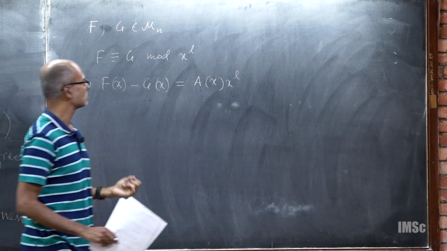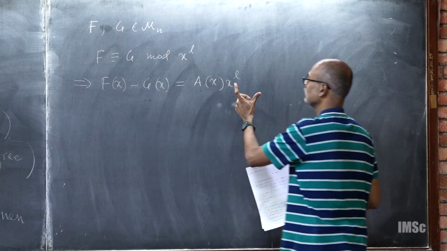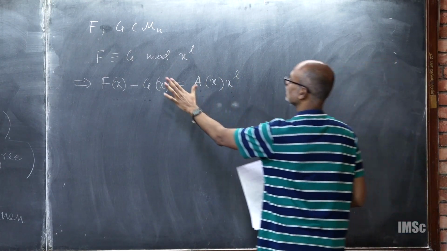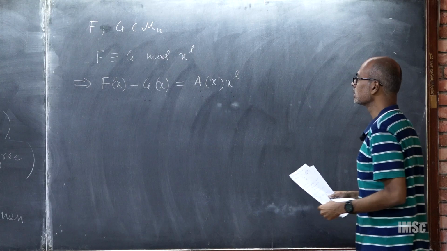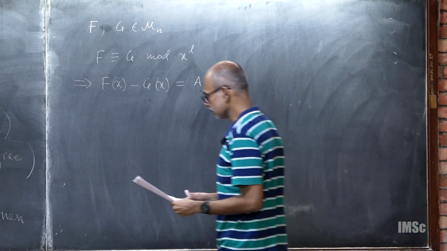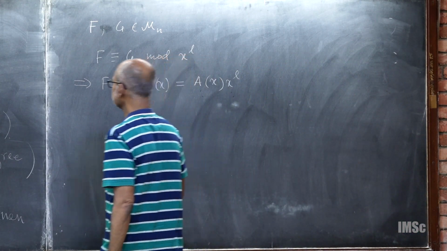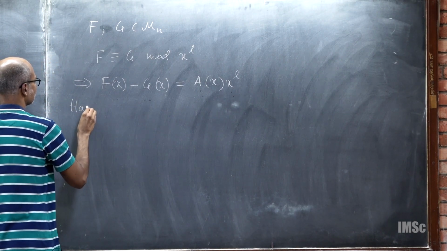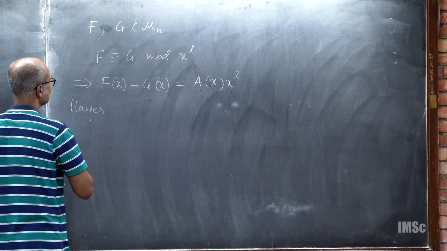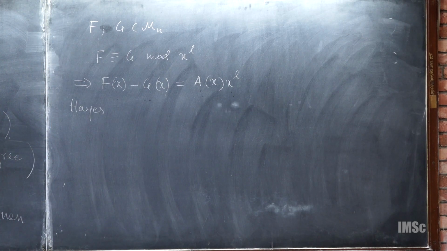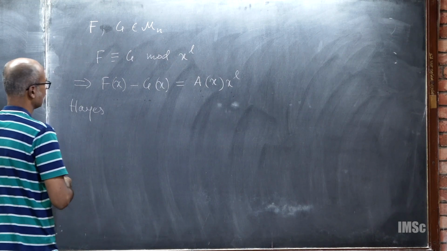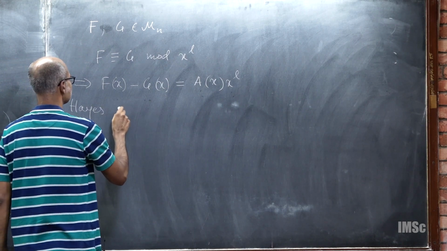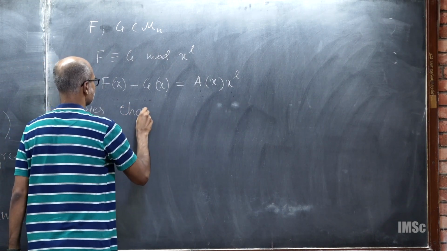That is an extra feature that comes from this congruence, and this is what is captured by what are called Hayes characters. Dirichlet characters will be replaced by some other character with a very similar construction. I really do not have time to talk about that. These are Hayes characters.